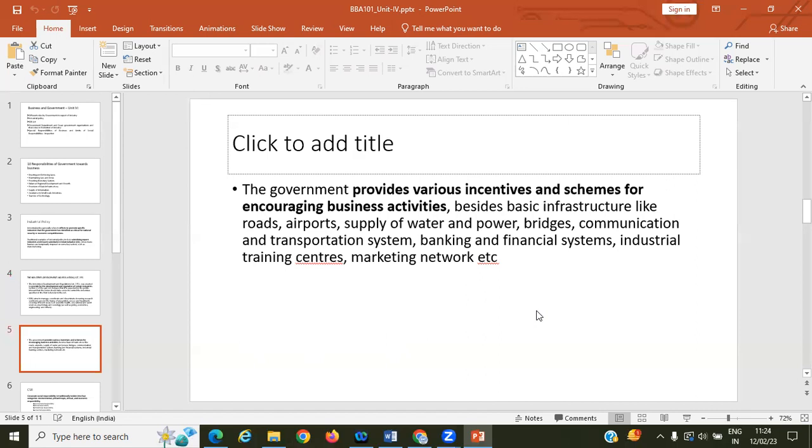If you do not have transport, if you do not have proper bridge and railway, you cannot set up a factory. If government is providing electricity, you can think of doing some business in that area. If government is not providing water supply and electricity, you cannot think of that. So that comes under basic infrastructure.